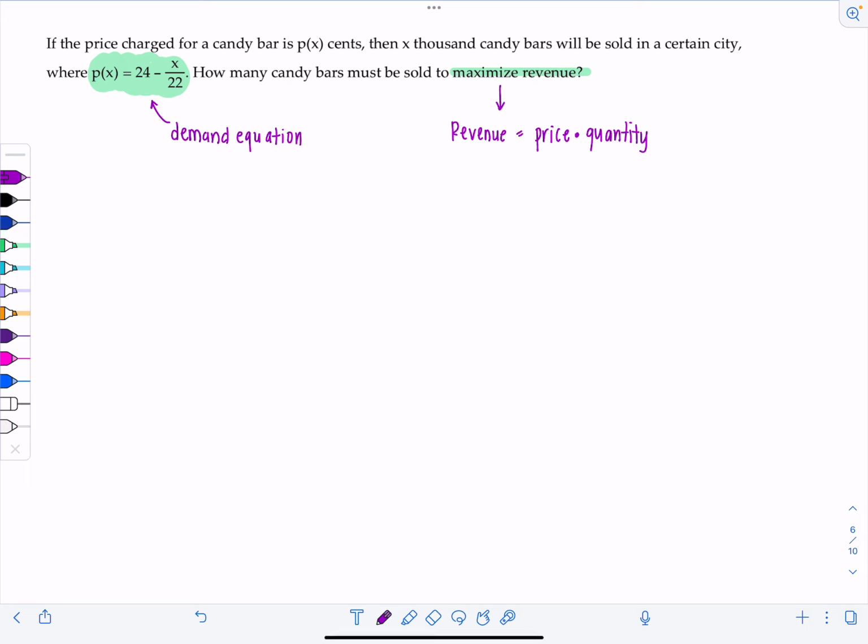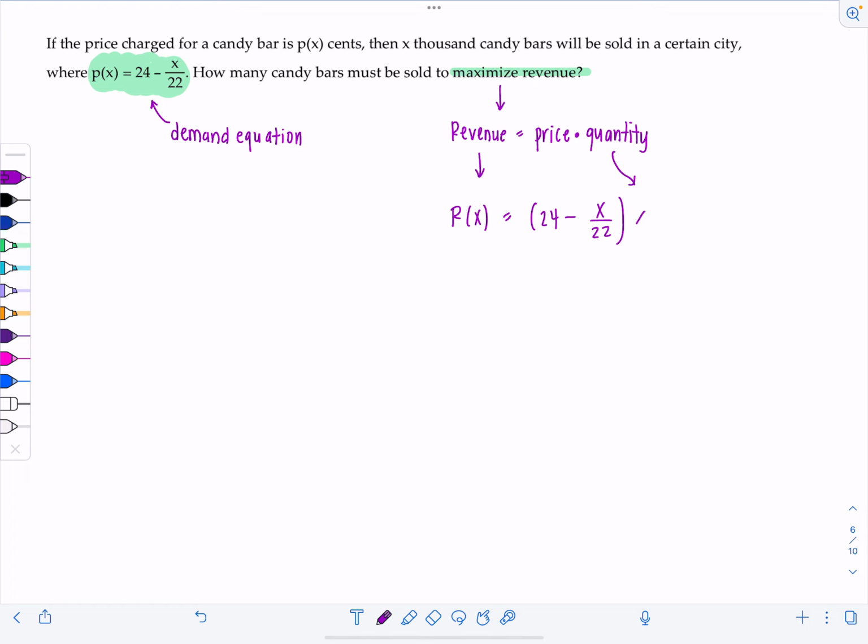Okay, so can we write a function representing revenue in terms of just one variable, most likely x? Sure. So revenue is R(x), and that equals price. Well, they gave me the formula right here. They gave me the price function, 24 minus x over 22, times the quantity, the number of candy bars sold.